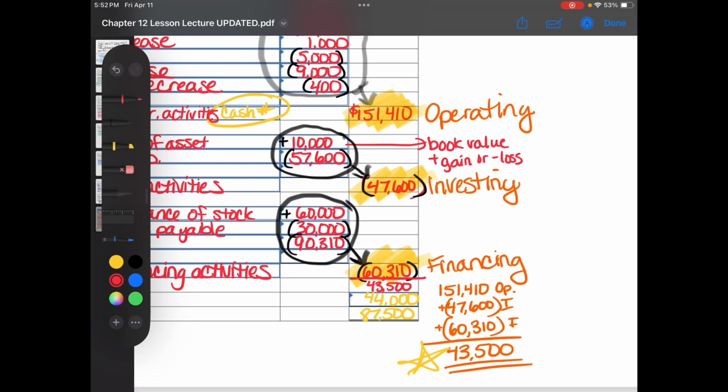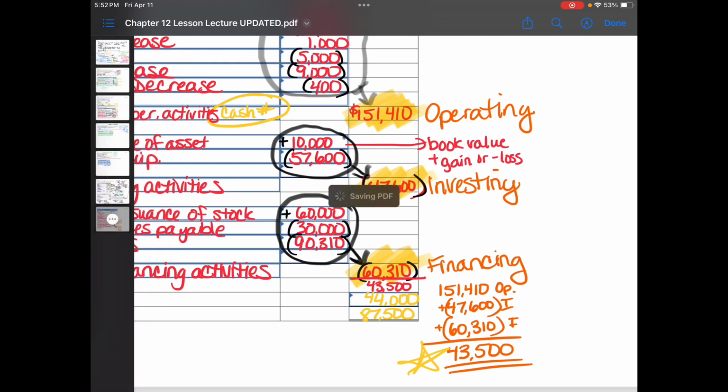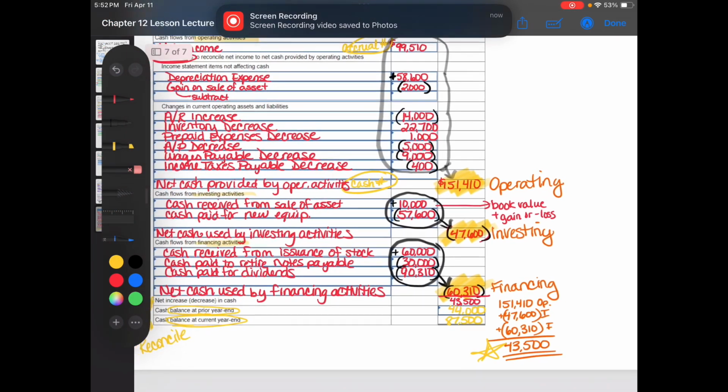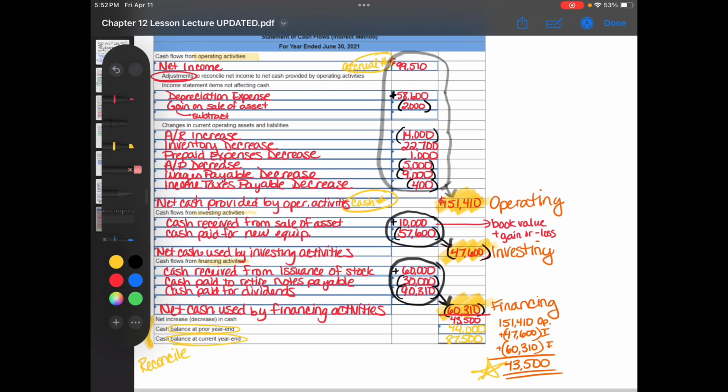And I'm going to tell you, this is my best advice for you. If your reconciliation is not working out, if you do not have this perfect end result, if your numbers don't jive, the beginning and ending numbers, again, these came from the balance sheet. So let me write that down. These numbers come from the balance sheet. That's where we get these numbers.